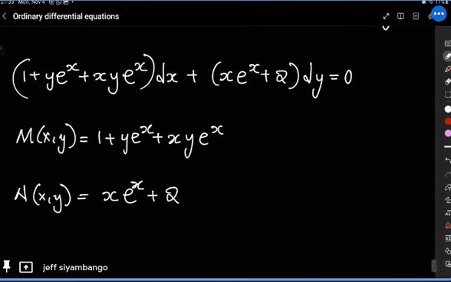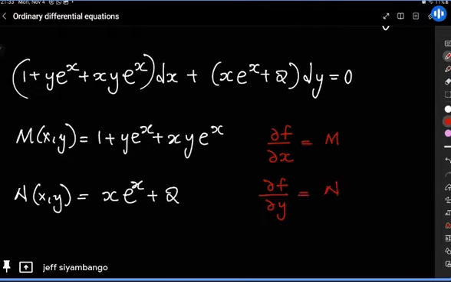Now for the next part, in terms of how you proceed from here, this is our M, this is our N. You want to keep in mind that to get M, you had to get the partial derivative of the original function f with respect to x. This is what actually gave you M. And to get N, you had to get the partial derivative of the original function with respect to y. This is what gave you N.